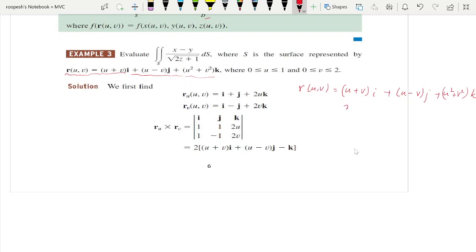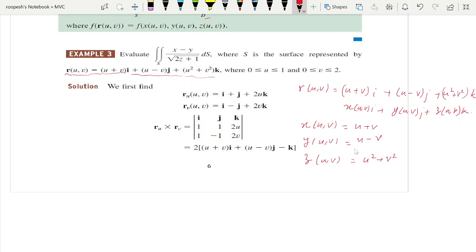You can compare this with x(u,v) i plus y(u,v) j plus z(u,v) k. So x(u,v) is equal to u plus v, y(u,v) is equal to u minus v, and z(u,v) is equal to u square plus v square. So we have identified all the x, y and z here.